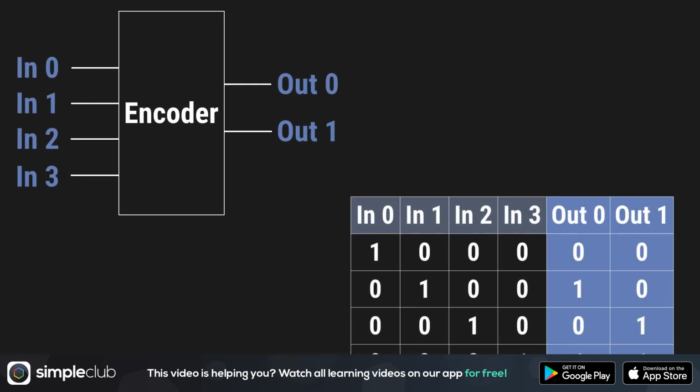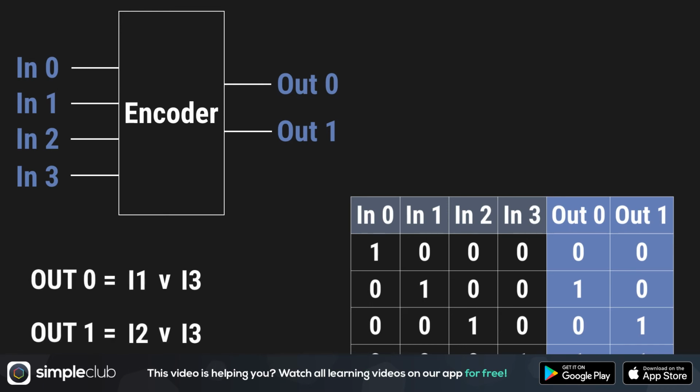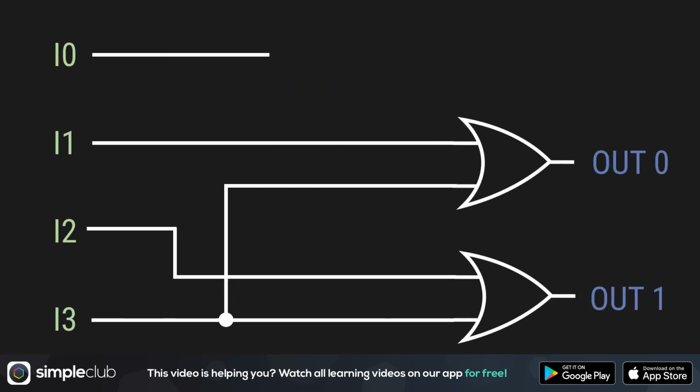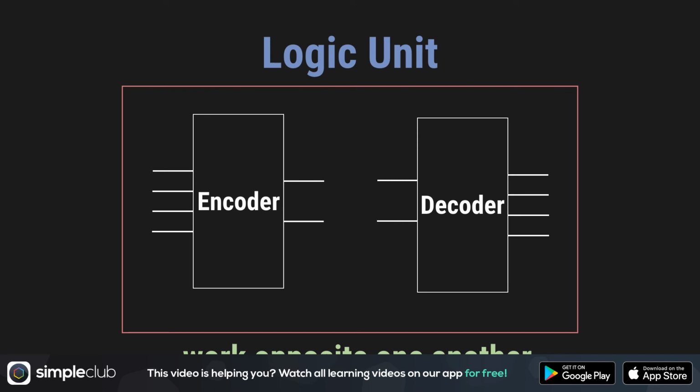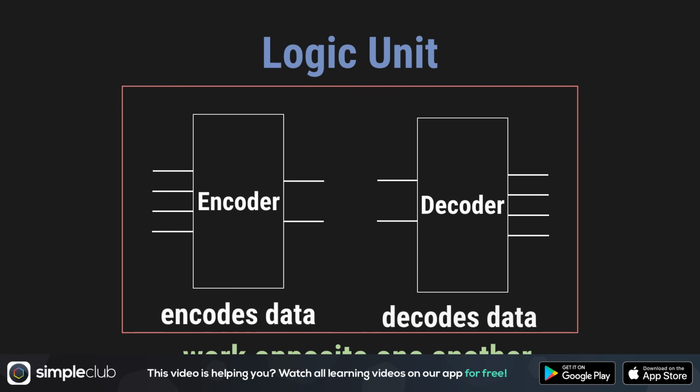The outputs always form an n-digit binary number. If you want to set it as a function, you just have to see which inputs lead to a true output and connect them using the symbol for OR. From there, it's easy to create a circuit using gates. Together, a decoder and an encoder form a logic unit, but they always work opposite one another, encoding and decoding data.